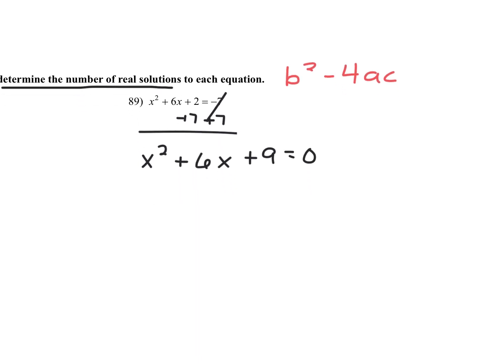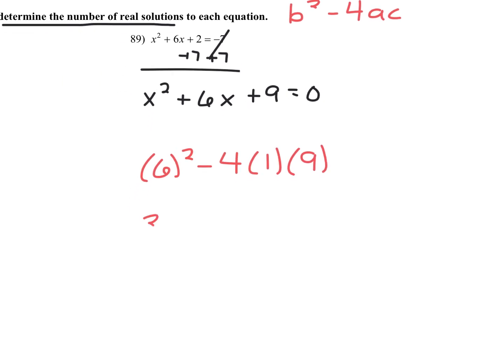Now can I find the discriminant? Yes. So my b is still 6 minus 4. A is 1. What's c? 9. Yep. So we get 36. Am I going to have a positive or negative right now? Negative. Minus 36. 36 minus 36 is 0.